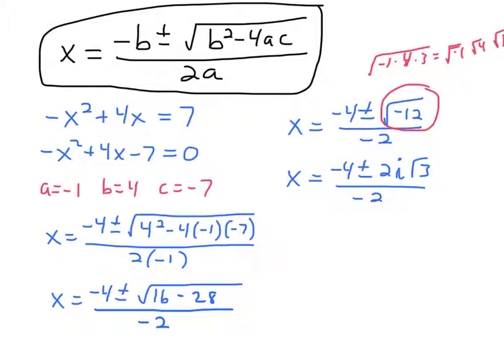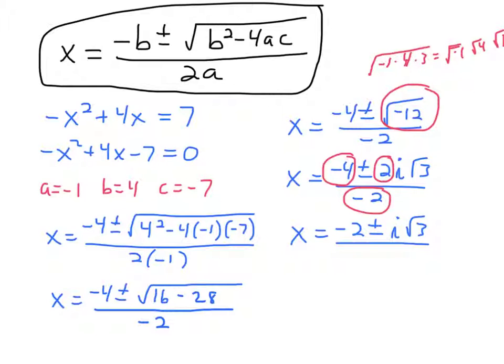And as I said before, you can do this three-way reduction. So divide all those by 2, and you would have x equals negative 2 plus or minus i root 3 over negative 1.